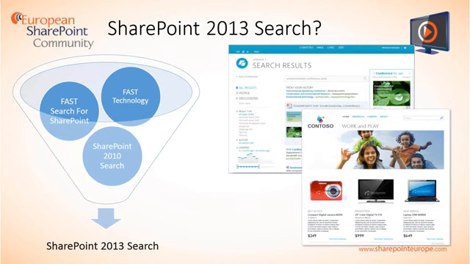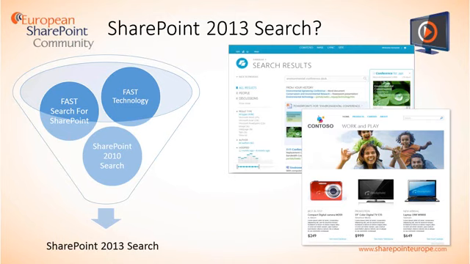So what are the changes that happened in SharePoint 2013 search? Before SharePoint 2013, we had SharePoint Search in SharePoint 2010, and Microsoft had acquired FAST, the search company, to provide the search engine.